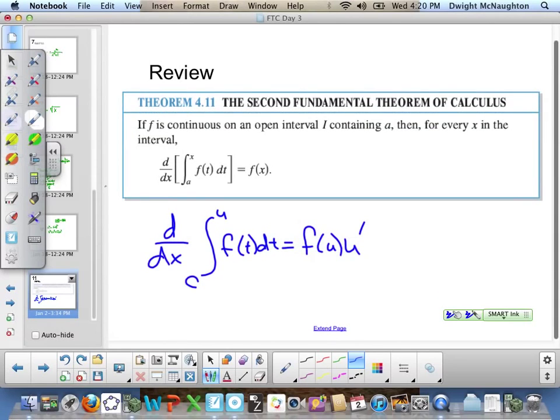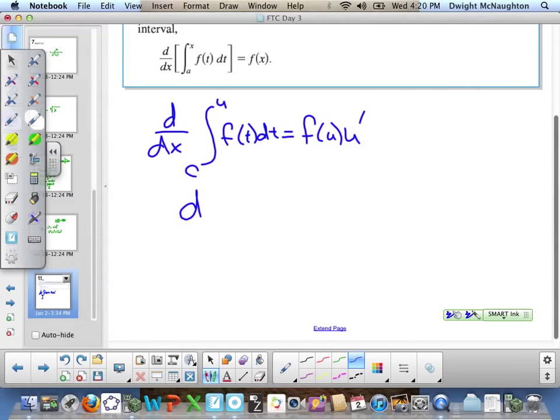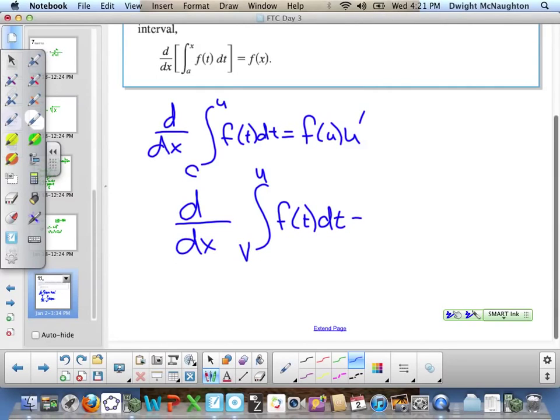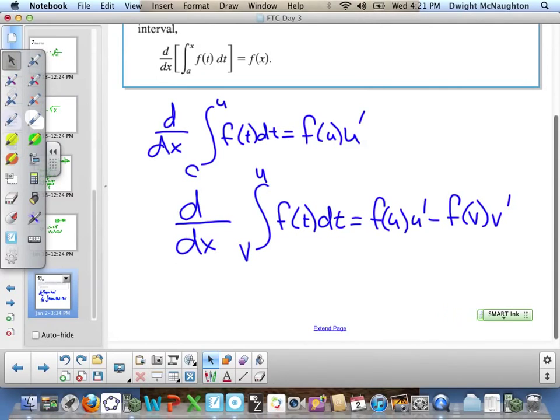And if there's an expression on top and bottom, let's say u and v, then we'll just have to do f of u, u prime, minus f of v, v prime. Apply the first and second fundamental theorems in conjunction with the chain rule.